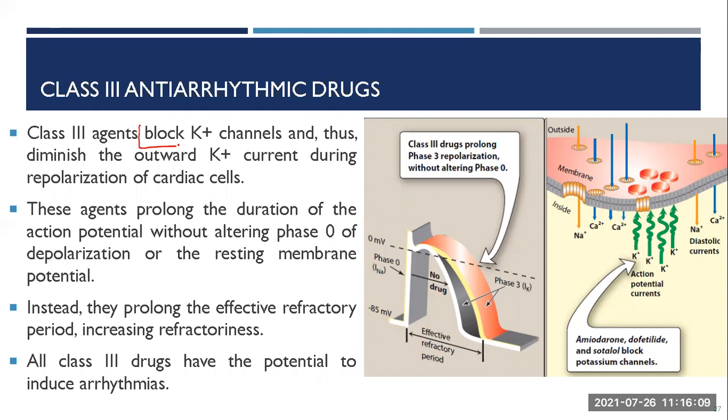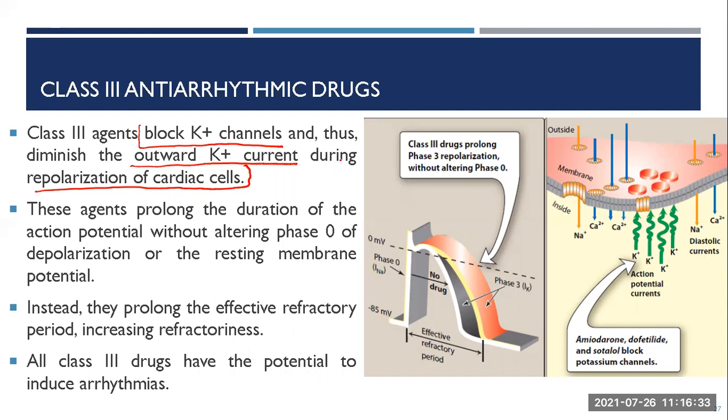That they block potassium channels and thus diminish outward potassium current, which happens during the repolarization of the cardiac cells. Okay, so understand, the first category of drugs, that is class 1 drugs, are sodium channel blockers.